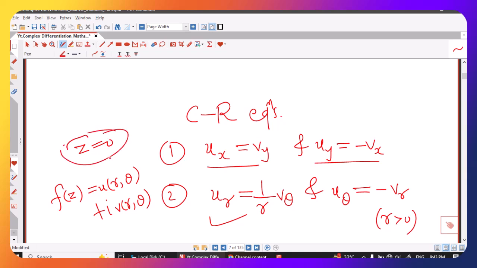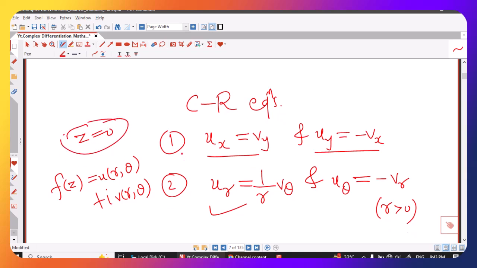In our definition, because log z is defined only for non-zero complex numbers, we have r greater than 0, that is, the absolute value of z.